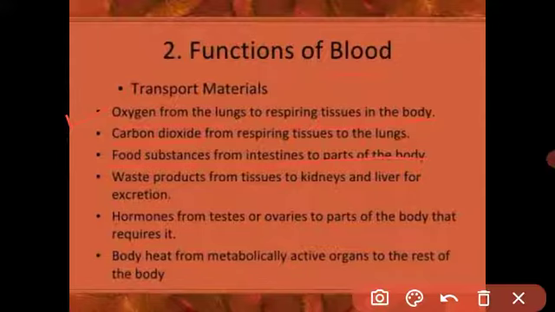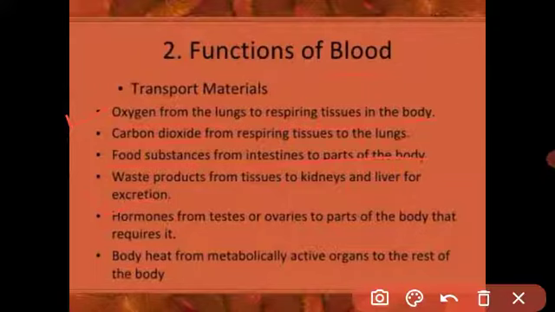Got it? And from the nutrients, we get the energy from the glucose. Waste product. You know that, student, there are so many metabolic reactions occurring in every part of our body. At that time some waste products are also formed, like nitrogenous waste, uric acid, urea, and these waste products are very harmful to us.